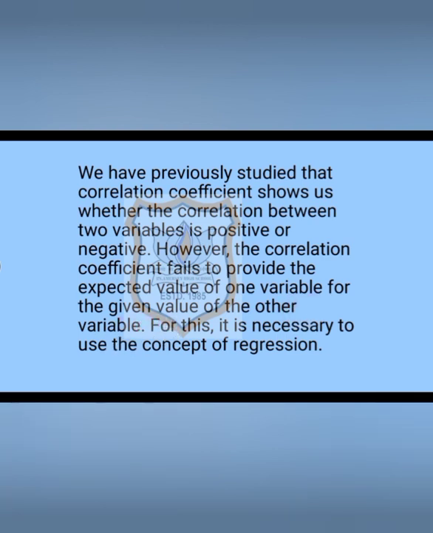That means we were not able to find the value of one variable which was dependent on the other variable, and how it depends, the linear equation was not available. So for this we need the concept of regression.